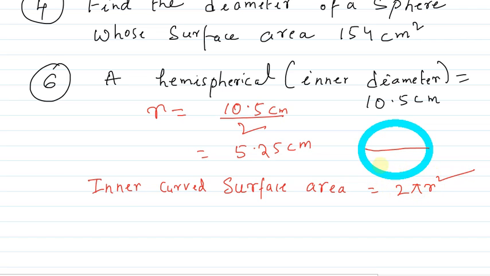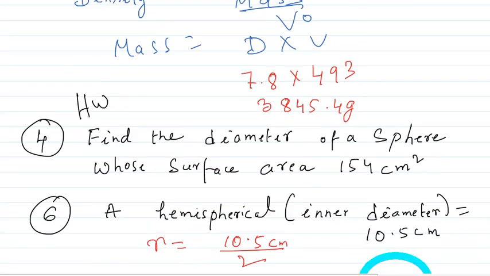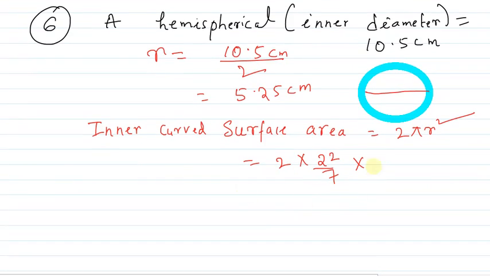So we just put the value. 2, what is the value for pi? 22 by 7. And what is the radius? 5.25. Great. So write 5.25, and do the calculation.